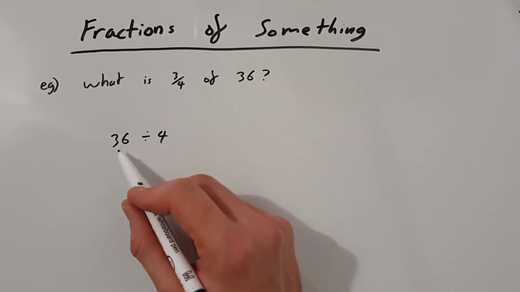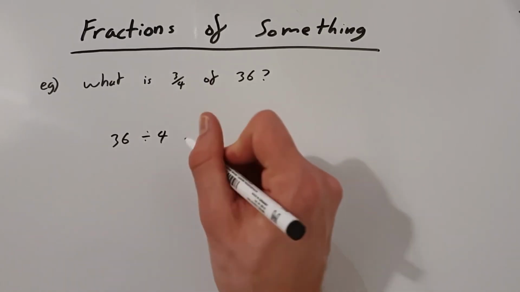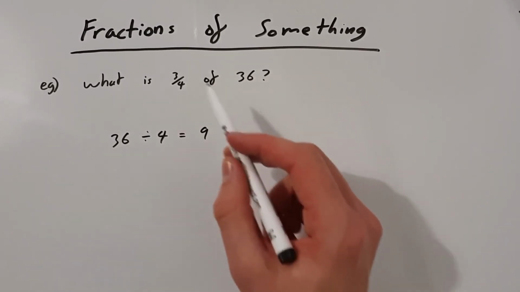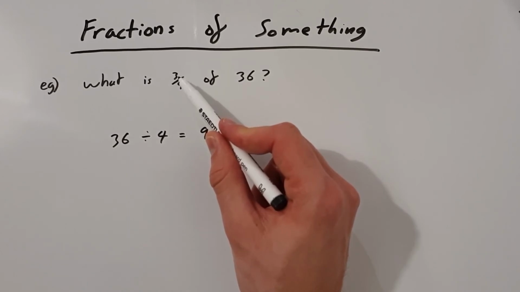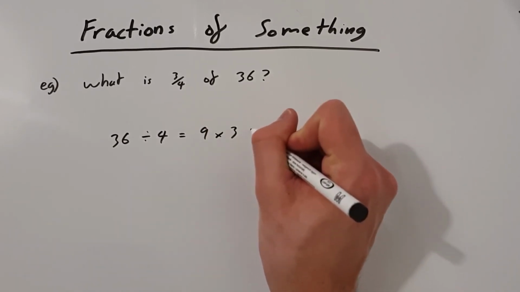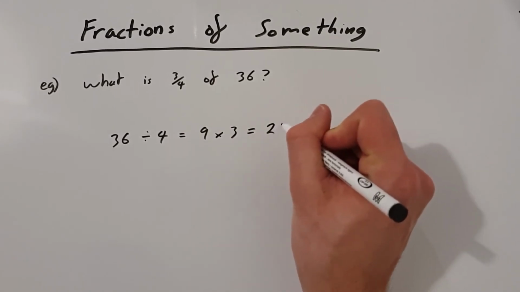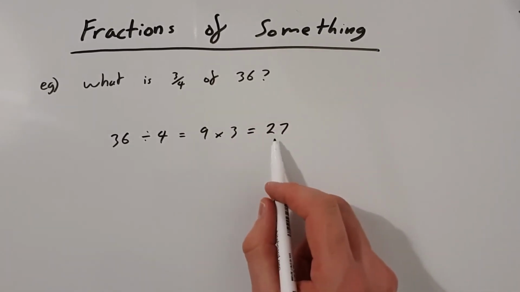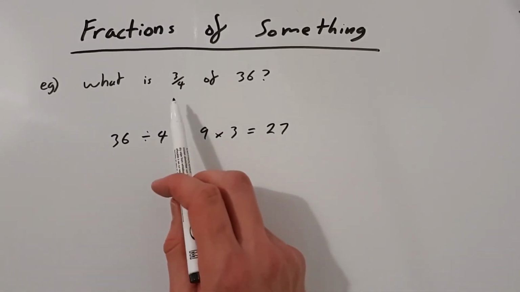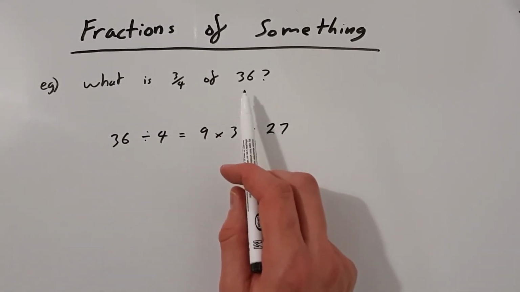You divide by 4: 36 divided by 4 is 9. And then you multiply this by the numerator, which in this case is 3. So 9 times 3 equals 27. Okay, and that's our answer to what is 3/4 of 36.